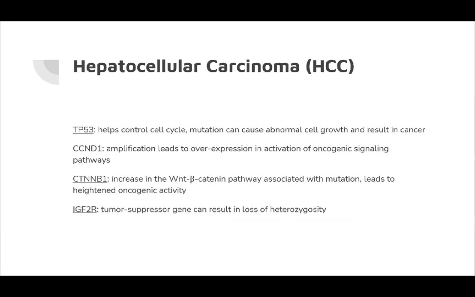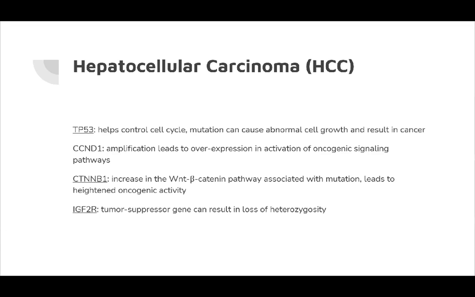First we have TP53. TP53 helps control the cell cycle, and a mutation in this gene can cause abnormal cell growth, and it can result in cancer. We also have CCND1. An amplification of this specific gene can lead to overexpression and the activation of oncogenic signaling pathways.